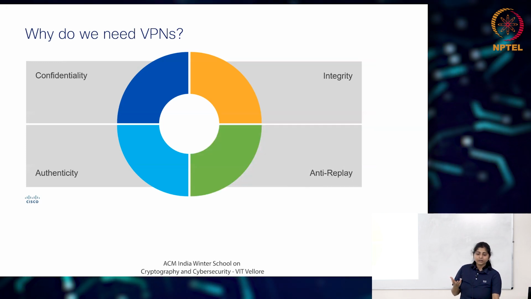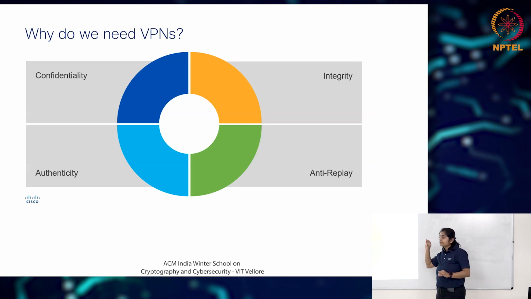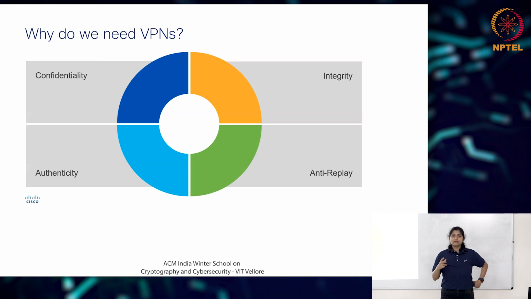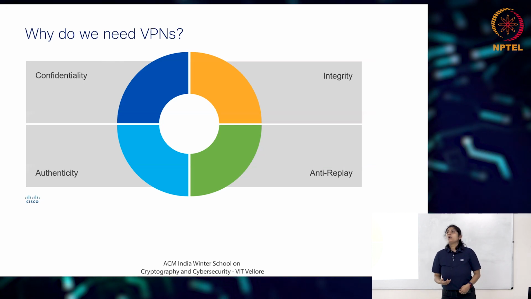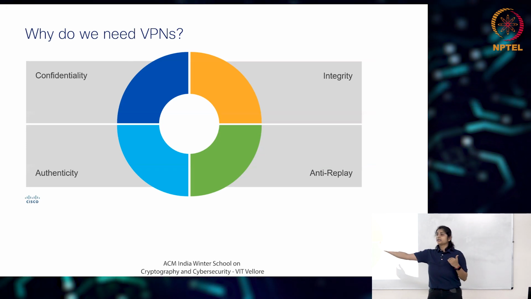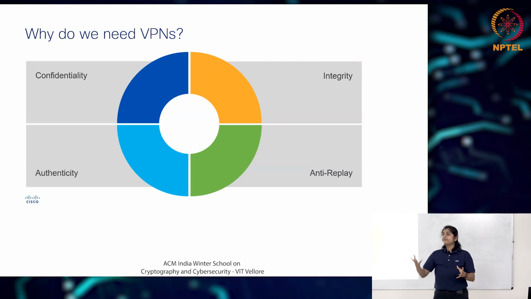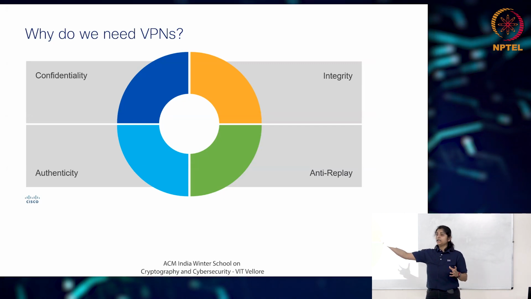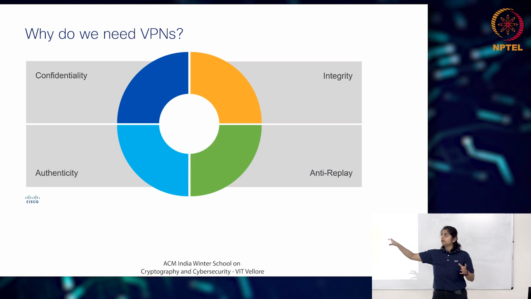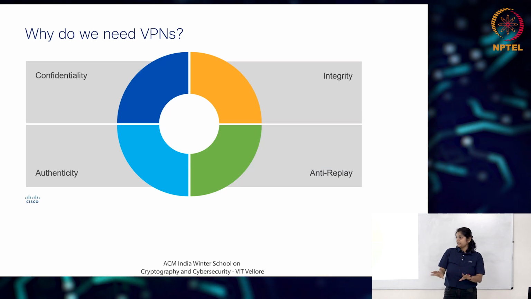Okay. Another thing is an anti-replay. This is specific to site-to-site VPNs in most cases, but this is something a VPN solution provides. So, for example, I want to send you packets, and the attacker who is in between is trying to modify these packets. But how will the end device, where the VPN is configured, know that these packets are actually malicious or benign?